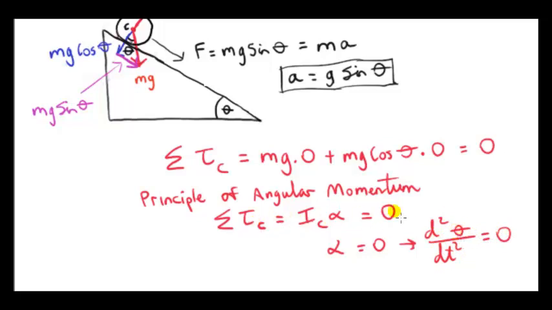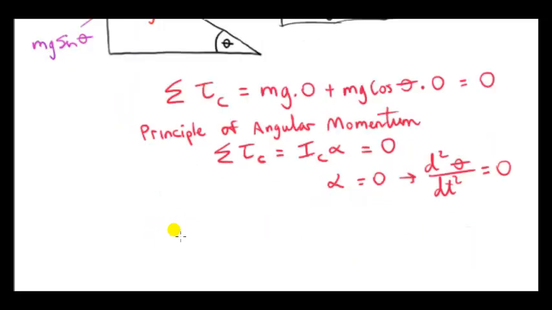So we have a situation here that's analogous to Newton's first law. As a reminder, Newton's first law tells us that if the acceleration is 0, then the resultant force acting on the object is 0. Okay, so here the angular acceleration is 0, so the resultant torque is 0. We're not talking about resultant force, we're talking about resultant external torque.